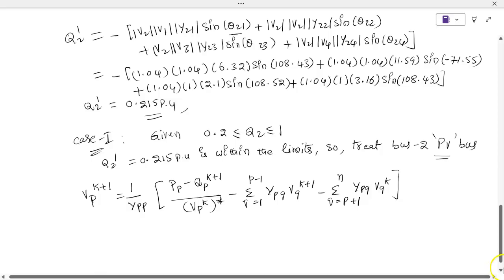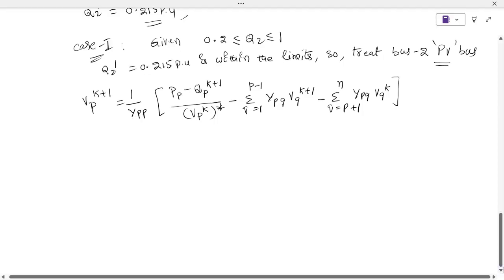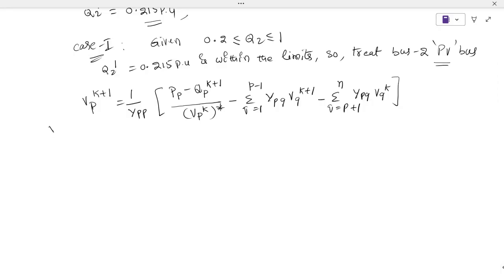Now our P value is 2 because we need to calculate the voltage of bus 2. See here, P is equal to 2 and K is equal to 0. Now substitute this.